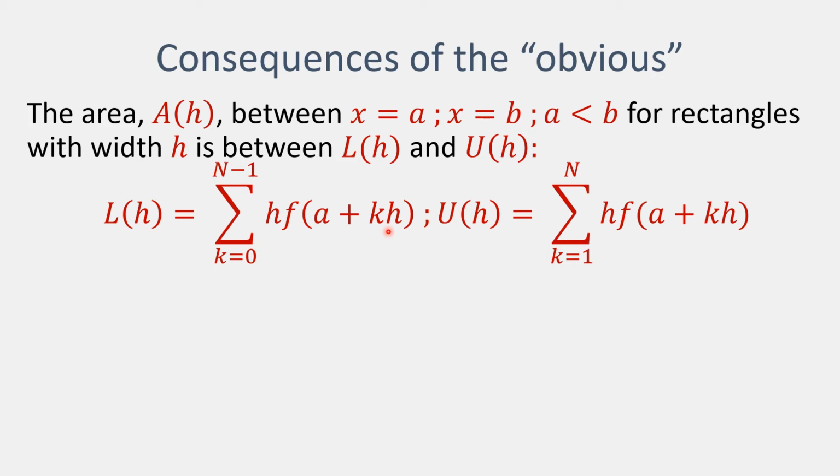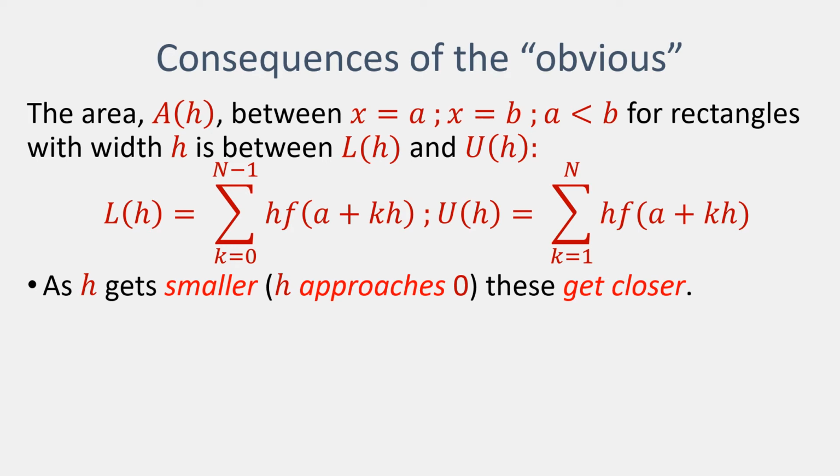That's our lower bound. For the upper bound, we start summing from k equals 1, and we go all the way up to the maximum number of rectangles. So these are two different sums. And for the upper bound, we have the width of the rectangle base multiplied by the value of the function at this point.